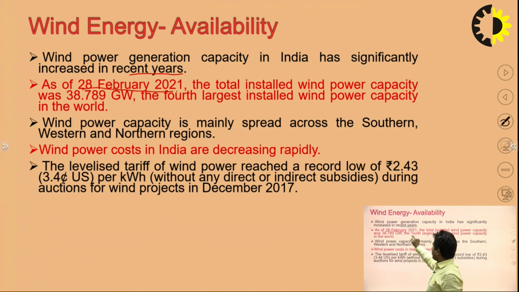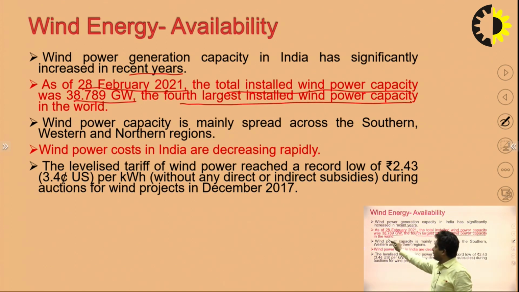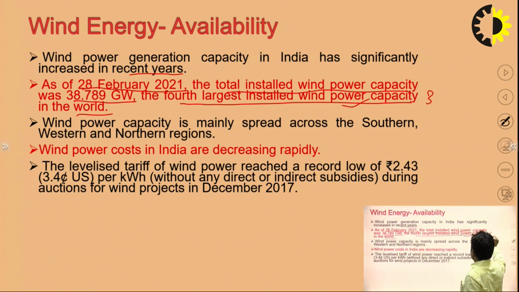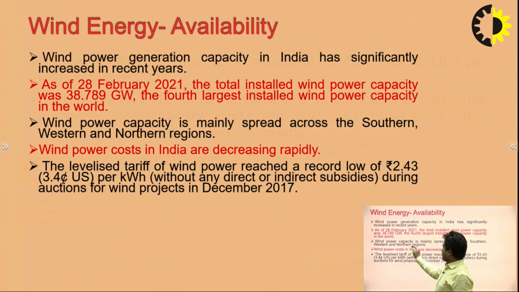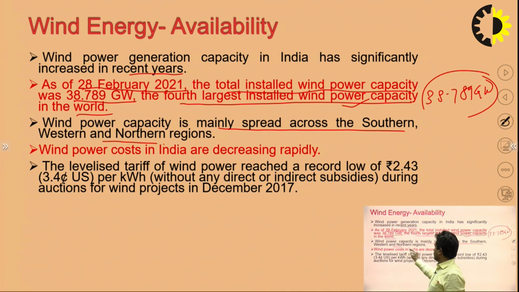In 2021 the total installed wind power capacity was 38.789 gigawatts, and this is the fourth largest installed wind power capacity in the world, after coal, gases, and nuclear. Wind power capacity is mainly spread across the southern, western and northern regions due to the large availability of winds. That's why these regions are mainly used for power capacity utilization.